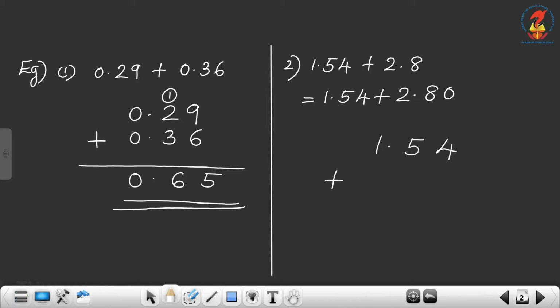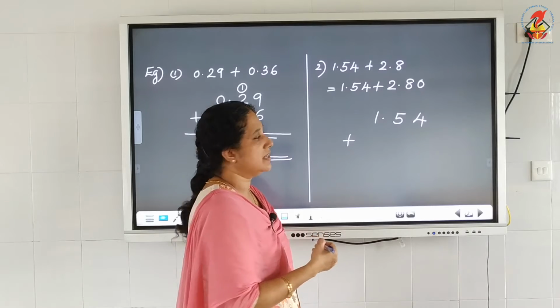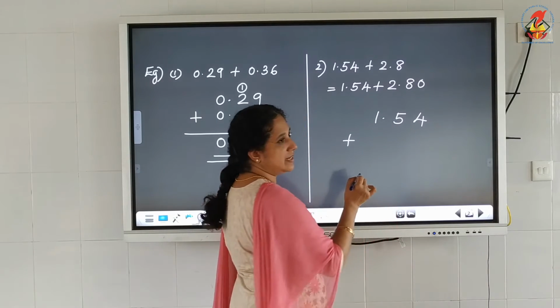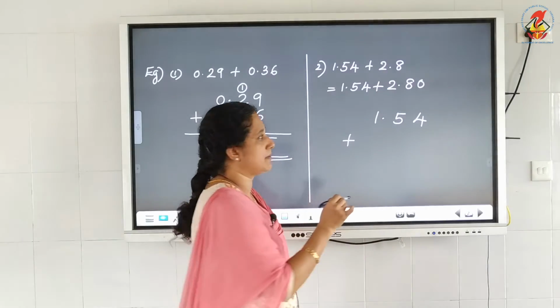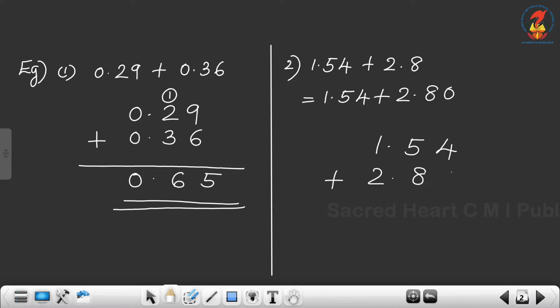So write the first number, 1.54. Then just below the first number you write the second number so that the decimal point is directly below the decimal point of the first number: 2.80. Now we have to add it.